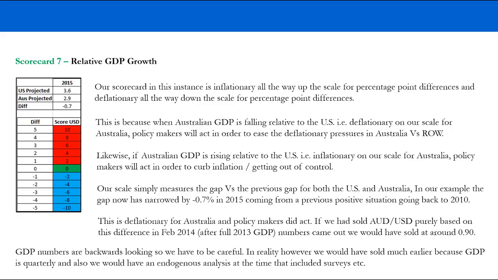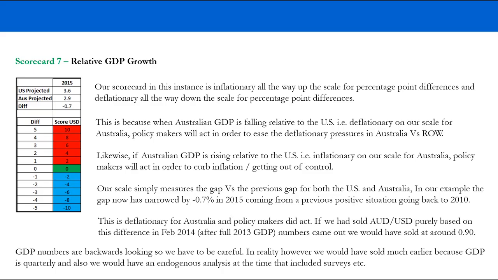Because GDP numbers are quarterly, and we would have also had our endogenous analysis at the time, which would have included all of our leading and coincident indicators. So our leading indicators like surveys. So when you build out your endogenous analysis, you're going to start looking at things like the Australian PMI, which is the Purchasing Managers Index for Australia.